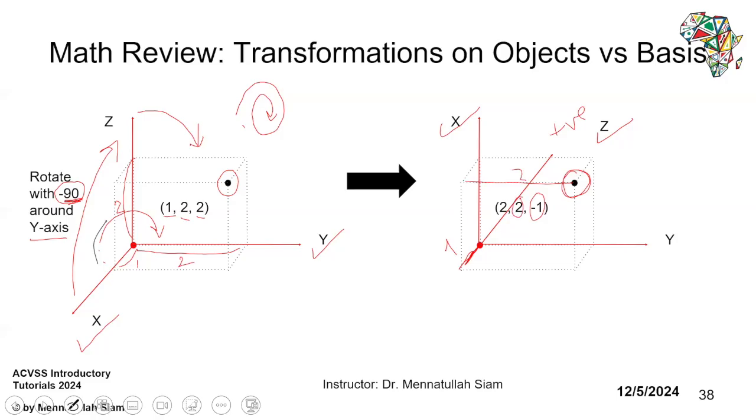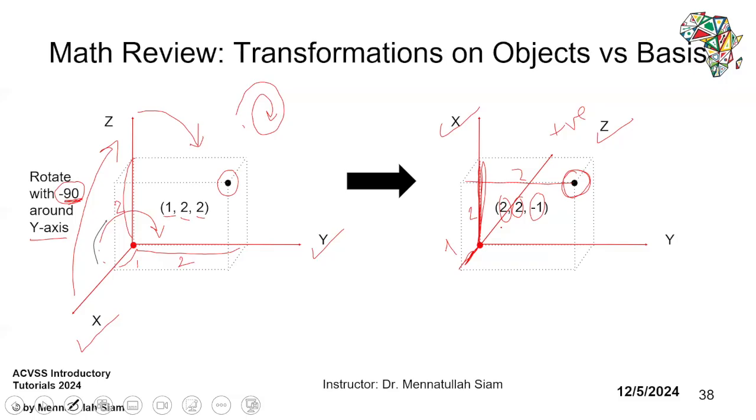And I know already that this part, which is now the new x, because of the transformation of the coordinates, its length is 2. So the point that was 1, 2, 2 got transformed into 2, 2, negative 1. So you see, this is another example of doing a transformation on the coordinate system.